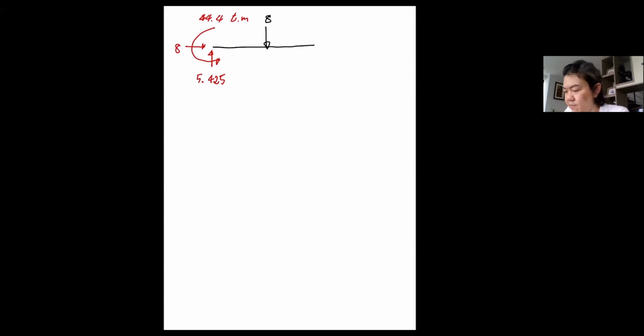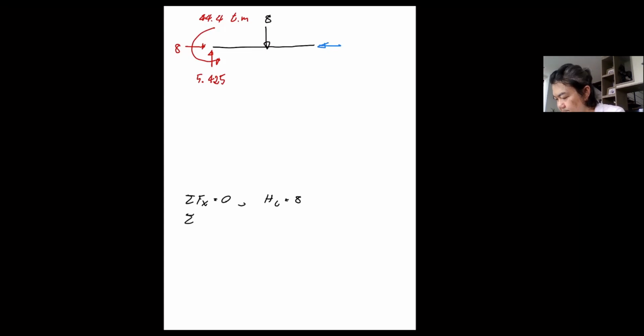I'll leave some space for my shear force and bending moment diagrams here. So okay, sigma Fx equal to 0. I can say that I know my horizontal force at C will be equal to 8. Okay, so that's 8.